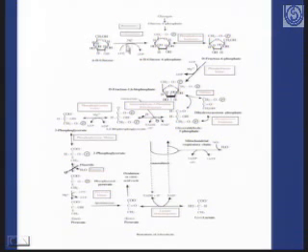Since there is an ATP conversion here, the enzymes involved are kinases. There are two types of kinases that are utilized in glycolysis. One is hexokinase, the second is glucokinase. Now you will wonder, what is the difference between these two enzymes?